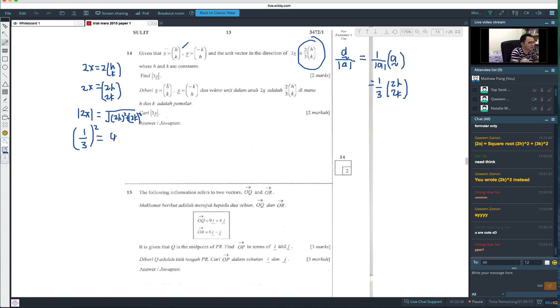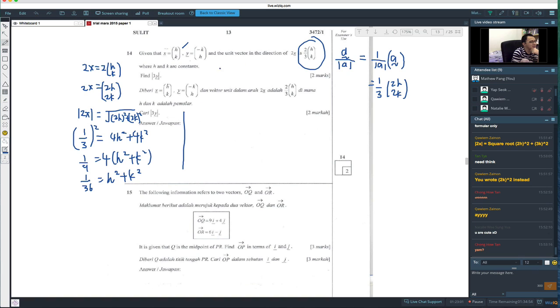And then this is 4h squared plus 4k squared. Then I do the same thing. Is it the same? It's still 1 over 9. Oh no, it's not the same. This is 1 over 9. I factorize out the 4. This is h squared plus k squared. So I move the 4 to the other side. This is 1 over 36 equal to h squared plus k squared.